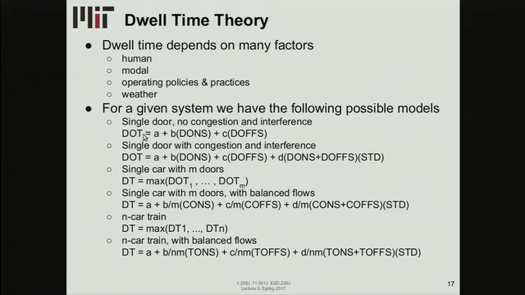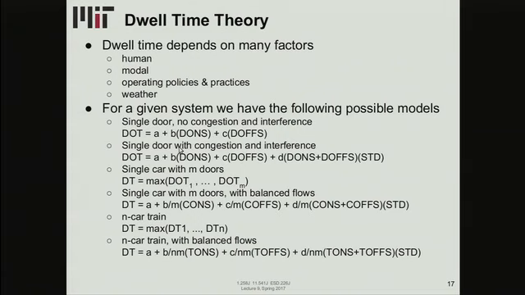Dwell time is some constant A, which has to do with how long it takes me to come to a full stop and open doors, plus some amount times the number of people getting on, plus some amount times the number of people getting off, right? Does that make sense? You sort of measure the average number of seconds per passenger alighting, the average number of seconds per passenger boarding, and some constant. You run a regression model, that's what you get.